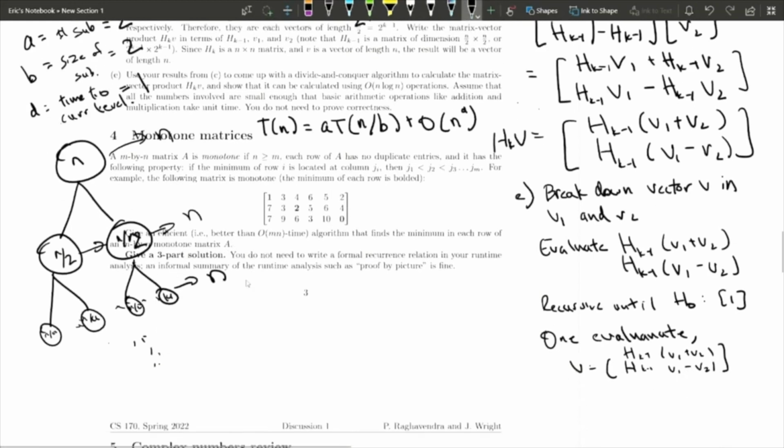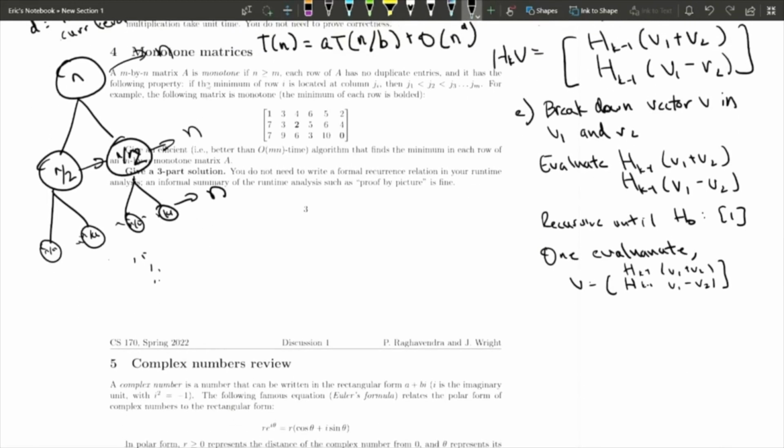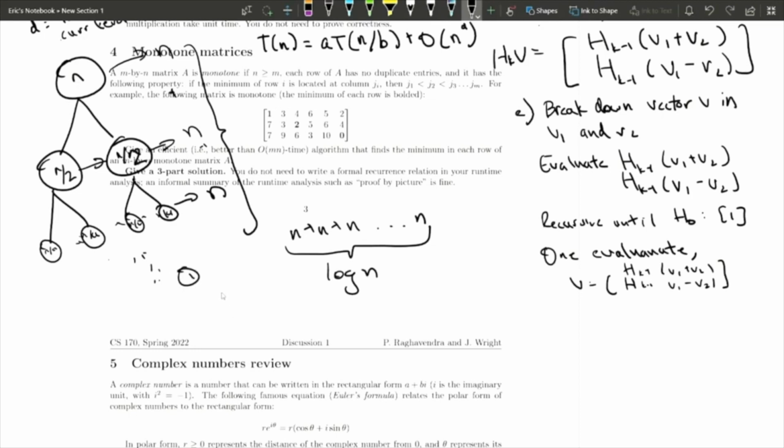And then we just continue building this tree, and we can see that we have n plus n plus n. And how many times do we have n plus n plus n to get our total runtime? It's log n times, because we're halving the size until we hit 1, which is our base case, the 1 by 1 matrix.